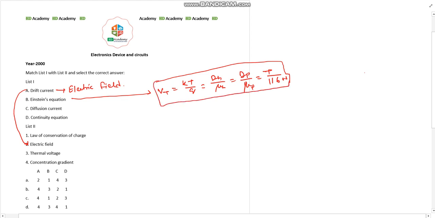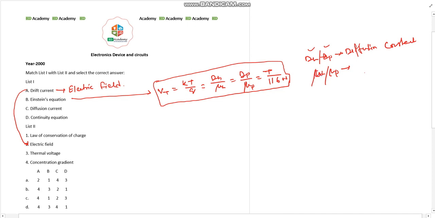Dn and Dp are the diffusion constants for electron and hole. Mu n and mu p are the mobility of electron and hole.